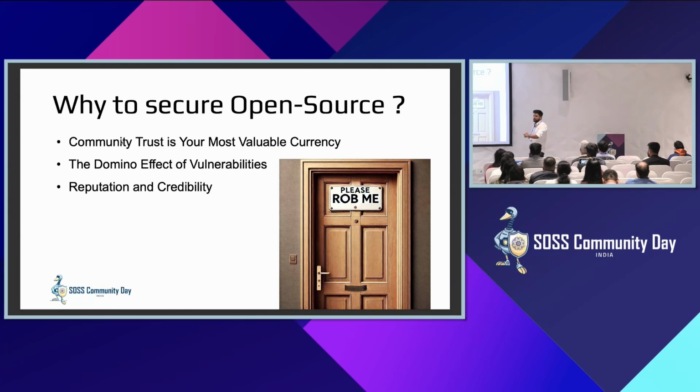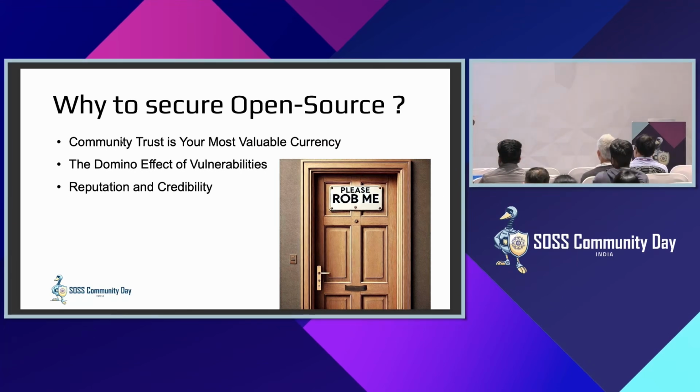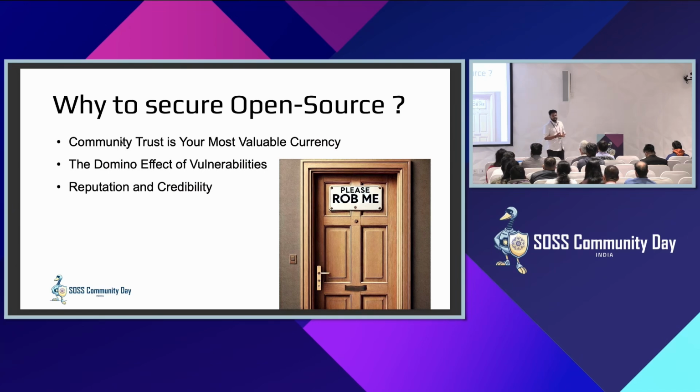Anyone? No? So first of all, community trust, guys. The more secure your software is, the more community trust you will get, and more conferences like these can happen. Next, the domino effect of vulnerabilities. If one thing happens, a chain of things will follow. If you have a vulnerability at the very base level, the things built on top of that will have those vulnerabilities. One open door can lead to multiple windows being left open.